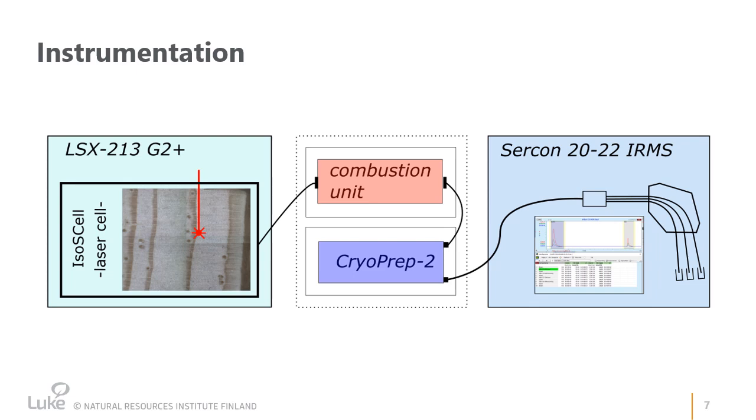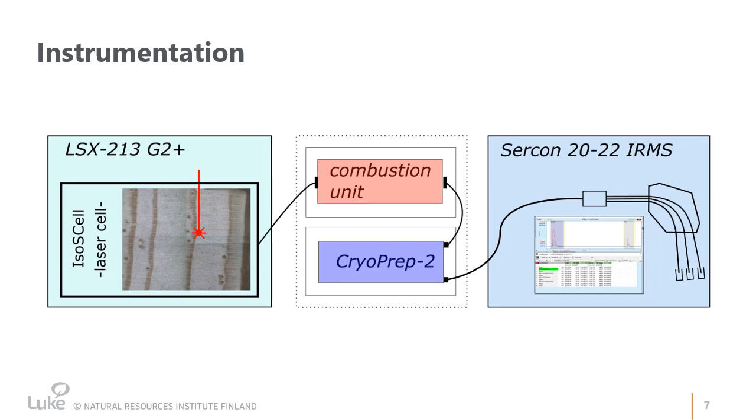And this laser cell is connected to a mini combustion unit and a cryoprep preparation system, which is then connected to the isotope ratio mass spectrometer. And the whole analysis is done online.